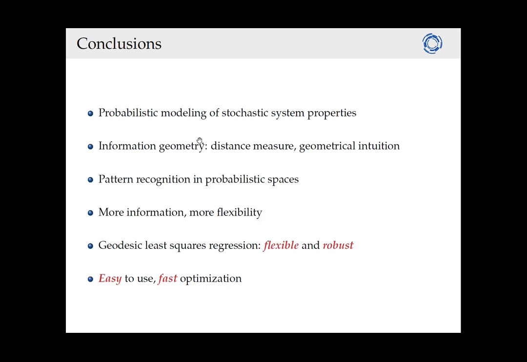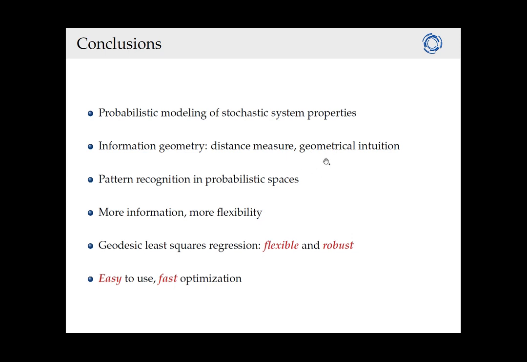We have used information geometry here as a mathematical tool that provides us a means to calculate distances between probability distributions. The advantage is that we have this geometrical intuition, which we have illustrated by means of the pseudosphere. By the way, I also want to mention that with other distance measures such as the Kullback-Leibler or Hellinger divergence, the disadvantage is that you do not have this geometrical intuition.